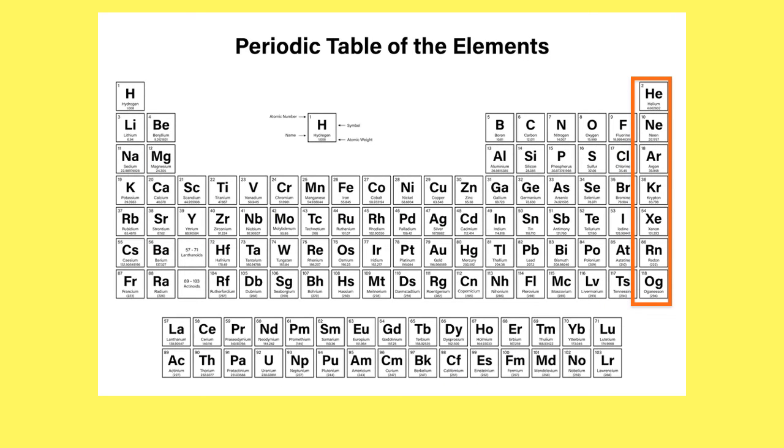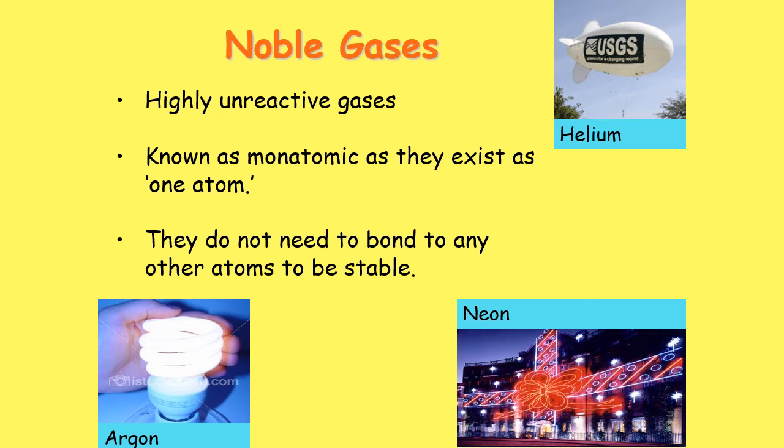Next, what we're going to look at in the periodic table, we're going to look at the very final group called group 8, or sometimes group 0, and it's got another special name, and they're called the noble gases. Now, the noble gases are the least reactive gases.